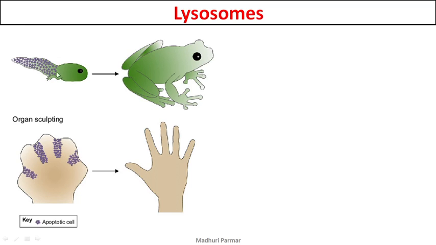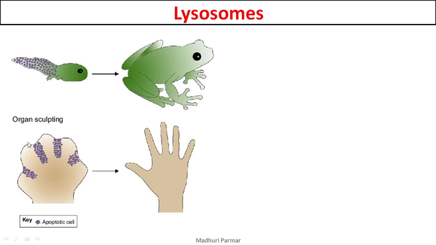So what happens is there is autolysis in the cells of the tail. This autolysis will destroy the cells of the tail, and whatever important, nutritious material is released will be absorbed back into the body, and the cells of the tail will be degraded away slowly, and finally the adult frog will not have any tail. Same is the case for us. If you look at the human embryo and how it progresses, you will notice this is how the fingers are formed.